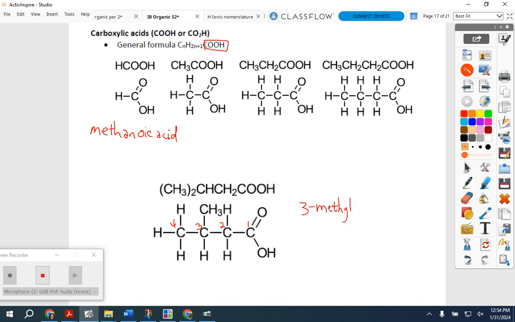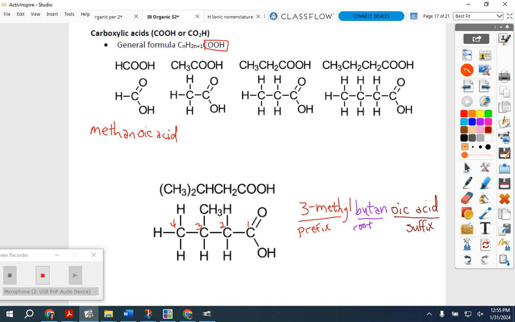And that's going to be our prefix. And then butan is our root plus our bond situation. And then our suffix here.